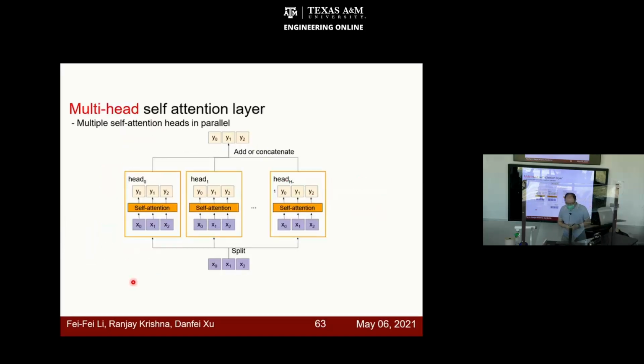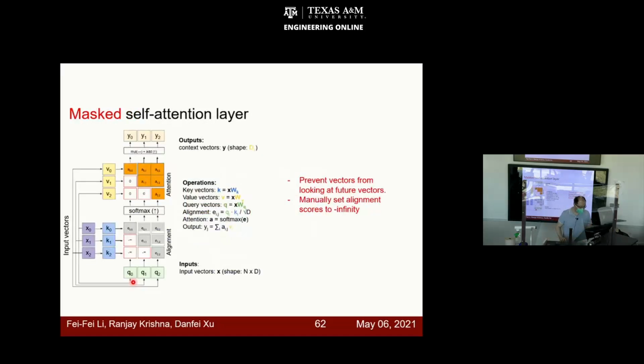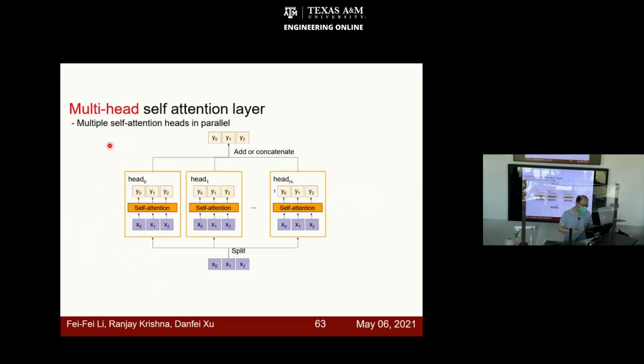Another thing is, basically I'm talking about the Vaswani 2017 paper. So I talked about self-attention in general, but there's also masked self-attention, and there's multi-head self-attention. So these are essentially what Nami introduced last time, but we didn't have time to talk about the details. So here, what is a multi-head self-attention? Basically, you're not using a single self-attention, but multiple self-attention layers, and then add or concatenate.